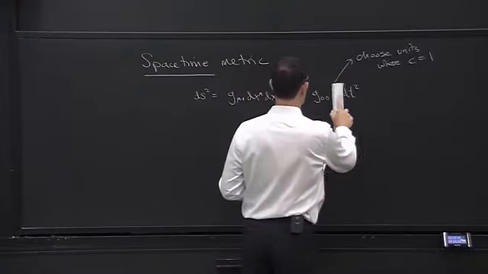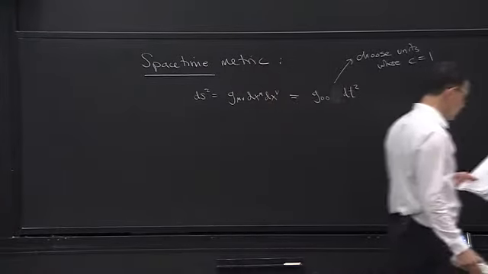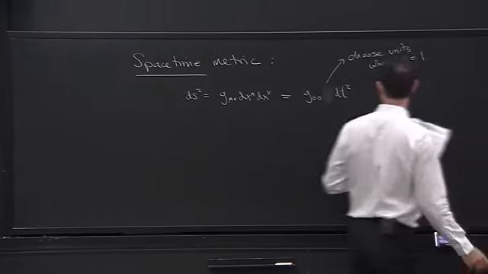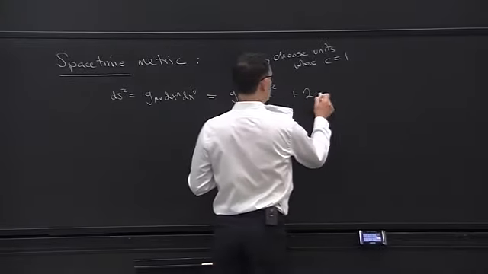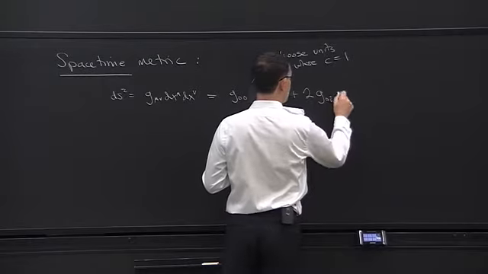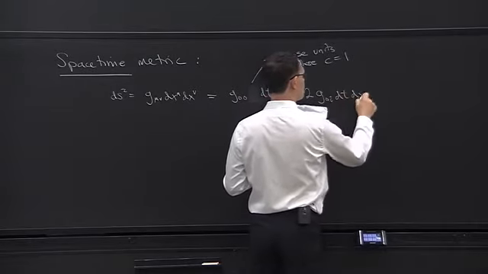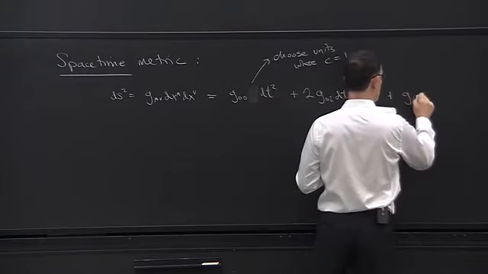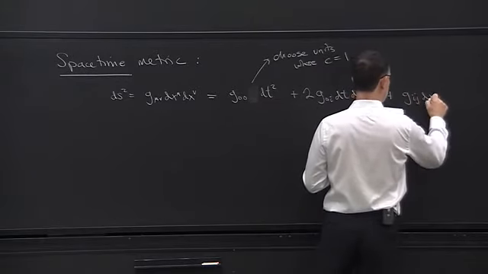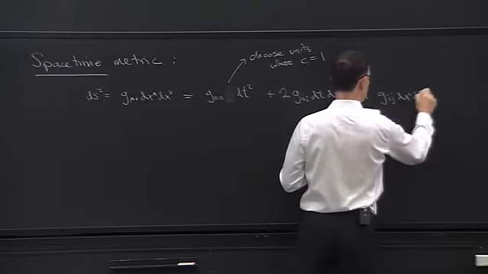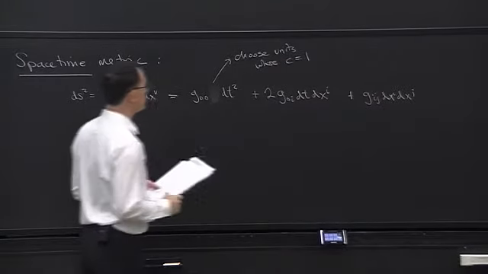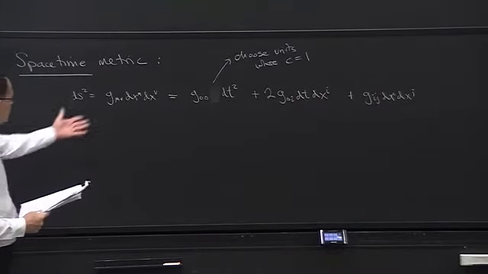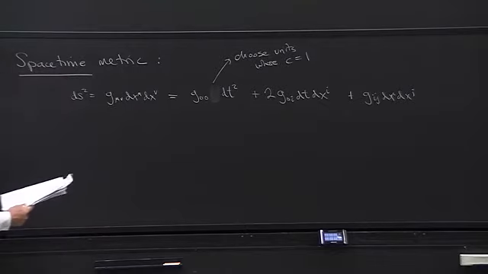So that's just g naught naught dt squared, and then we have 2 g naught i dt dx i, and we have g ij dx i dx j. That's just writing out the different terms.